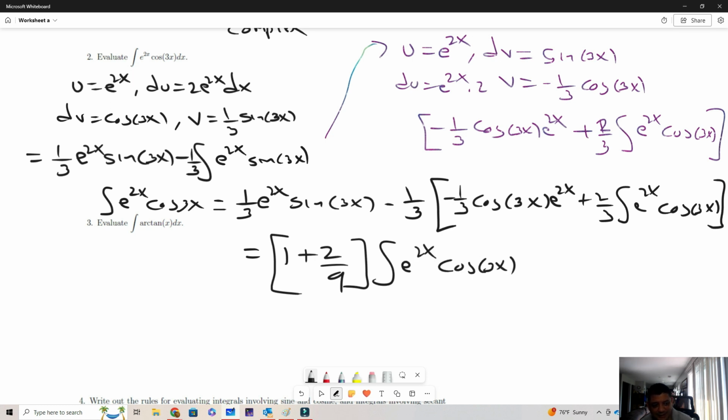Notice that I take this and put it on the other side of the equality, and that's why it becomes 1 plus 2 over 9. And this is equal to 1/3 e to the 2x sine of 3x plus 1 over 9 e to the 2x cosine of 3x.